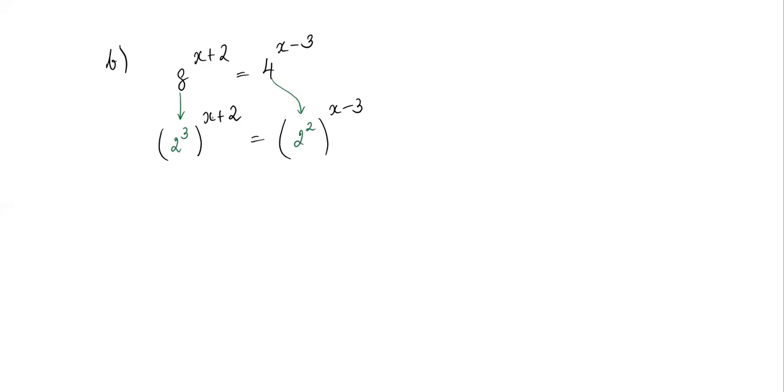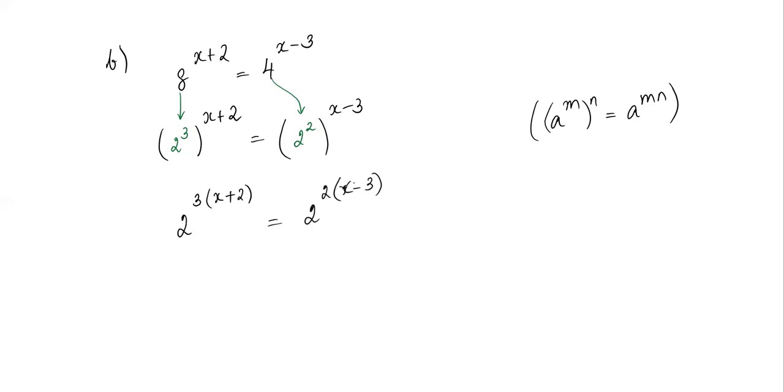So when you have powers stacked up, you have to remember the laws of exponents: a power m power n is a power mn. So that is what I'm trying to do here when I multiply the 3 for the cubed with the power x plus 2. Likewise here too, the 2 has the power 2 that has to be multiplied to the x minus 3. Right? Now you have the same base.